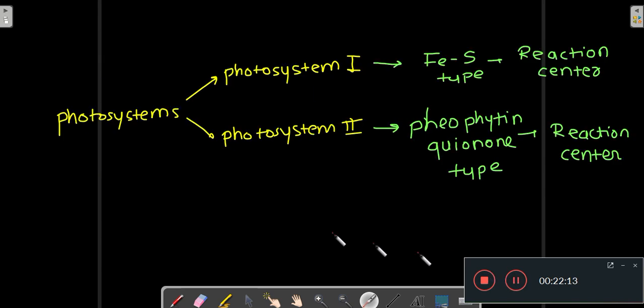We saw that the photosystems are of two types, photosystem 1 and photosystem 2. Photosystem 1 has the FeS type of reaction center, and photosystem 2 has the pheophytin-quinone type of reaction center. Both are present in oxygenic photosynthetic organisms such as plants and cyanobacteria.